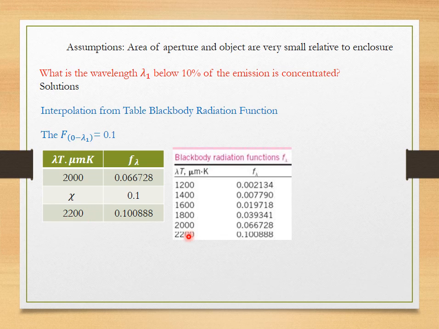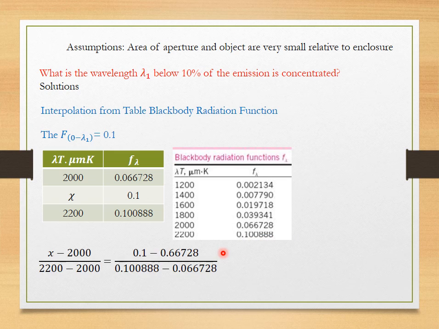Then the next following entry in the table is 2200, which is 0.100888. Then we do the calculation according to the table information, and we get x equal to 2195.